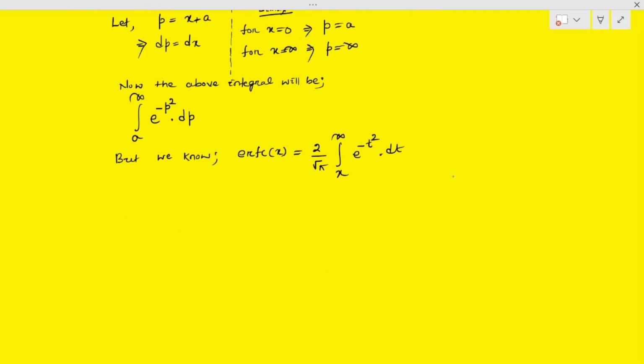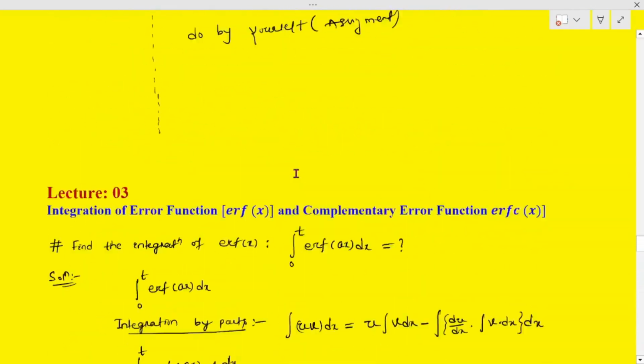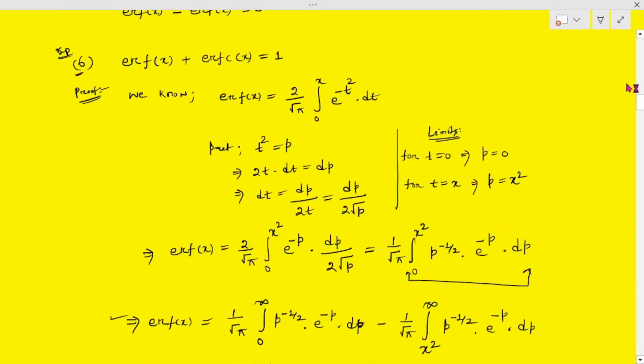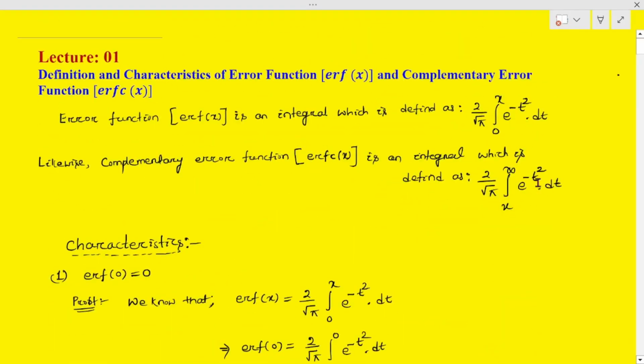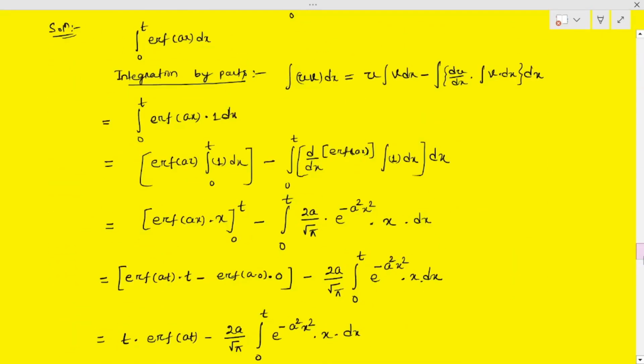So instead of x, if we consider a, then complementary error function of a is 2 by root pi integral from a to infinity of e to the power minus t square dt. I told you that x and t are dummy symbols. Already we discussed in lecture number 1 itself that the complementary error function is represented like this: 2 by root pi integral from x to infinity of e to the minus t square dt. Same thing I have written over here.